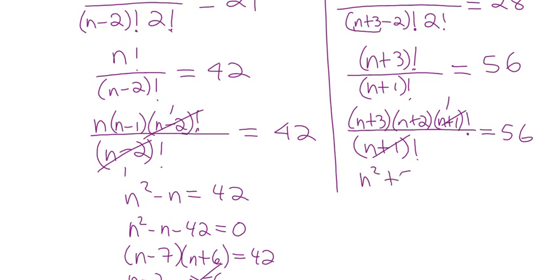N squared plus 5n plus 6 is equal to 56. And so just multiplying out the binomials.